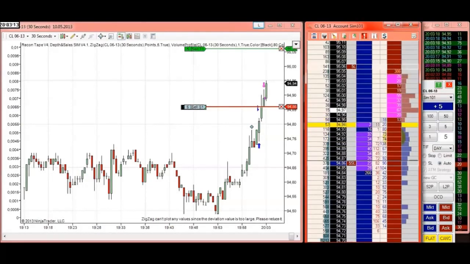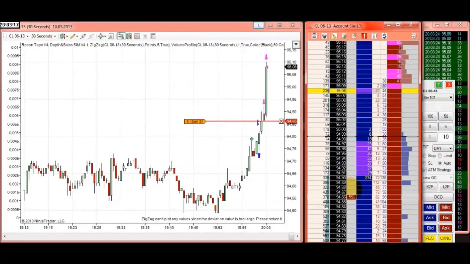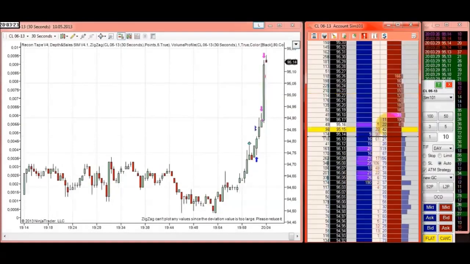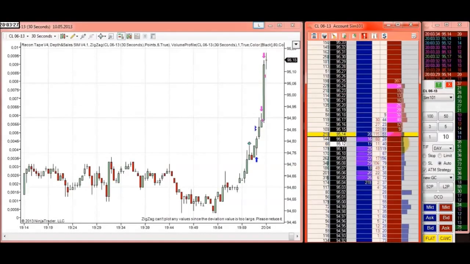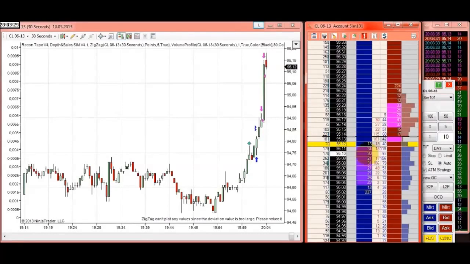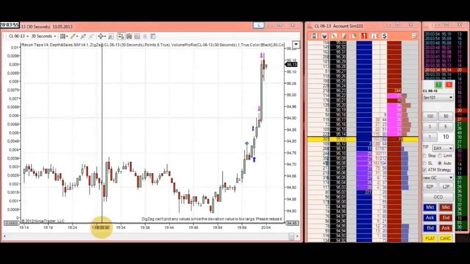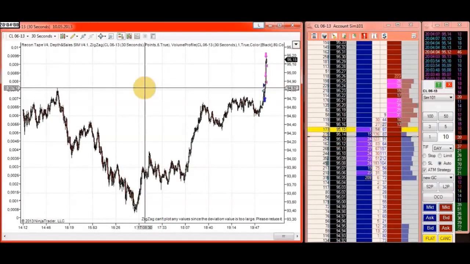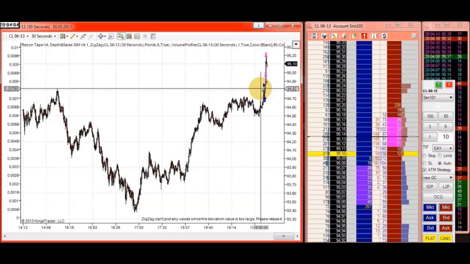As you can see, we have a lot of green block orders, buy orders coming in, and now we have our target filled, and it's still moving. You see, it's still moving. So it's a good example of a trade, and it gives you a perspective to see how price action and indication should look like.